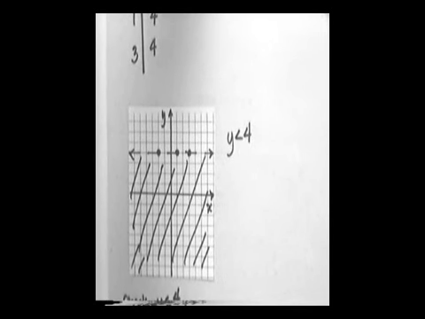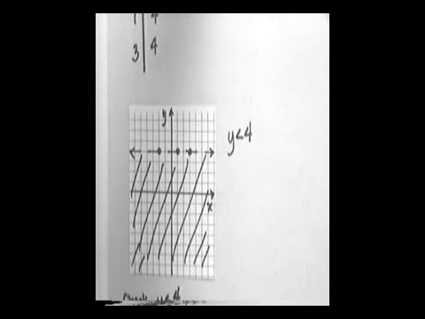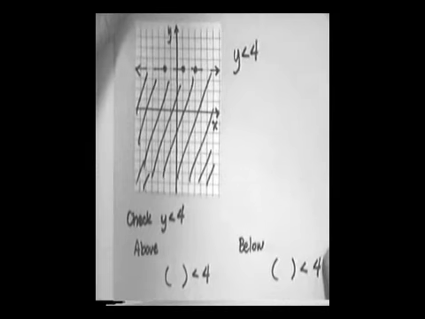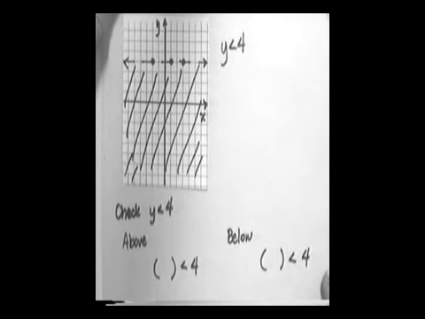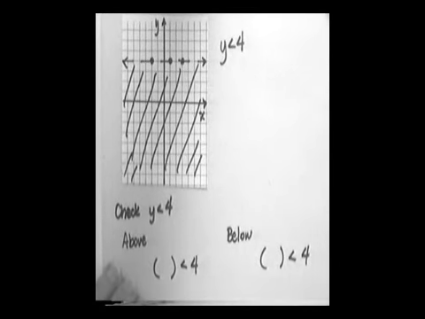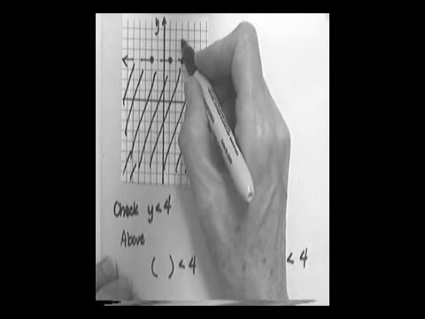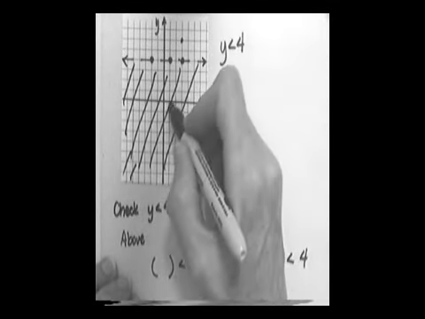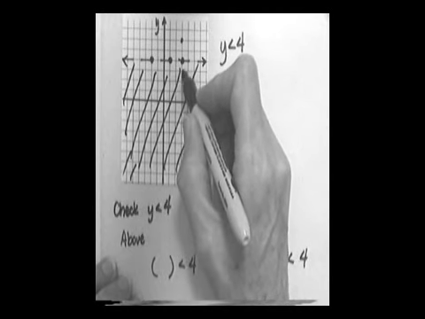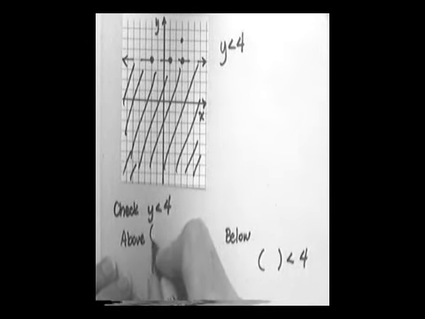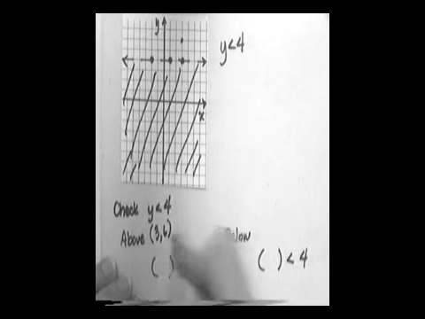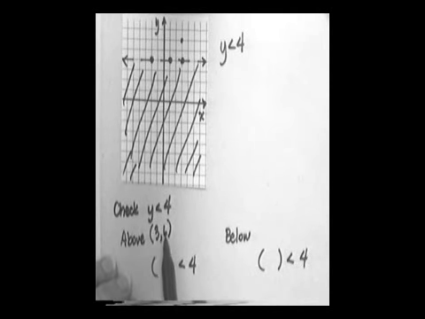The check is so simple, it's really trivial, but I will illustrate it for you just to keep consistent. We'll check something above and something below. For a point above the boundary line, we might choose, say, this point, which has coordinates 3, 6: 1, 2, 3, 4, 5, 6. When we check this point, we fill in for the y value, 6.